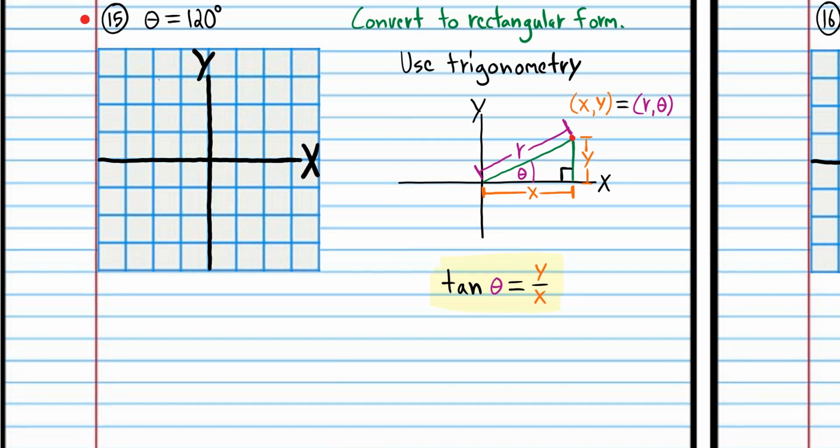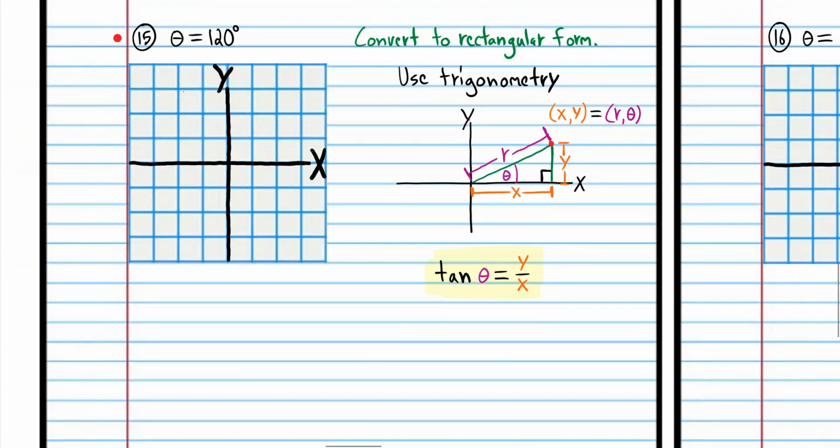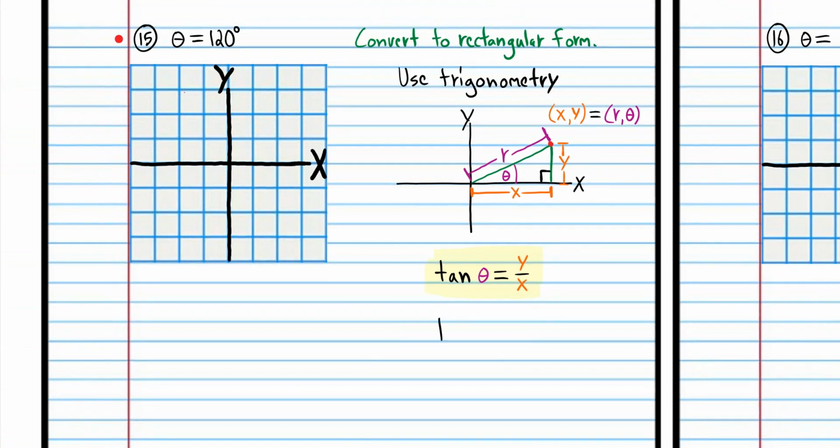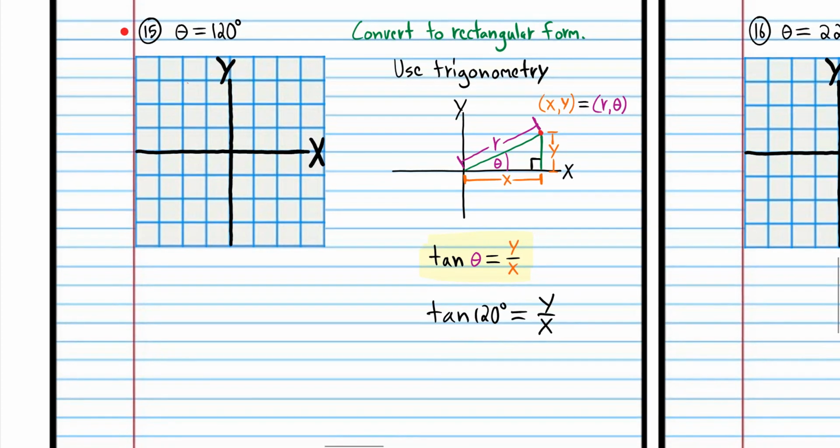So we know tangent theta is equal to y over x, but if theta is always equal to 120, we can just plug in 120 for theta. That's the one thing that we do know, that theta is 120 degrees.